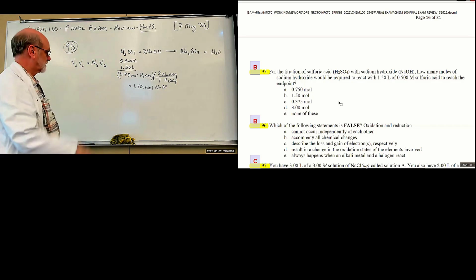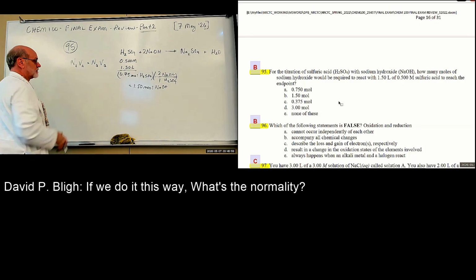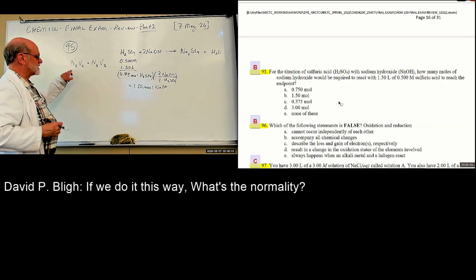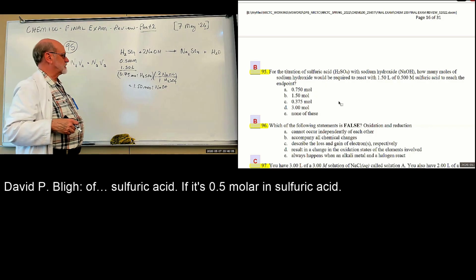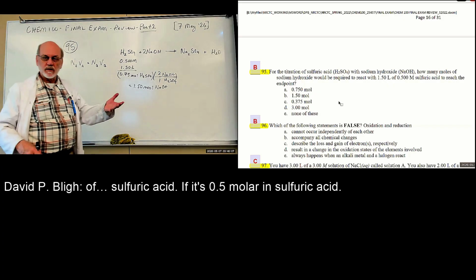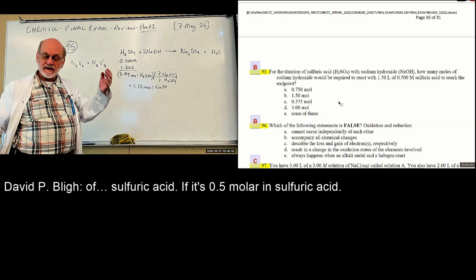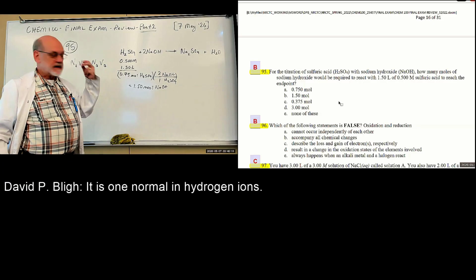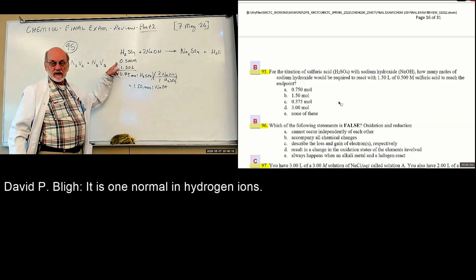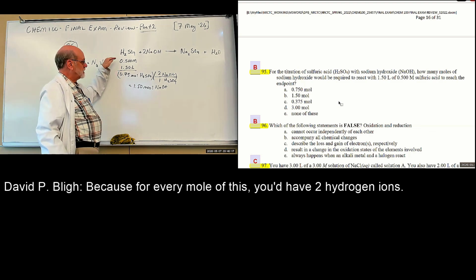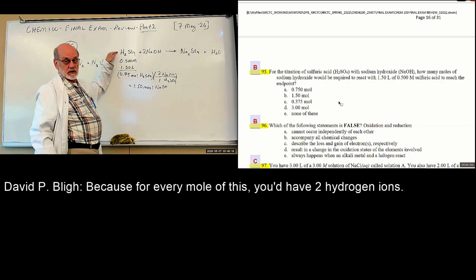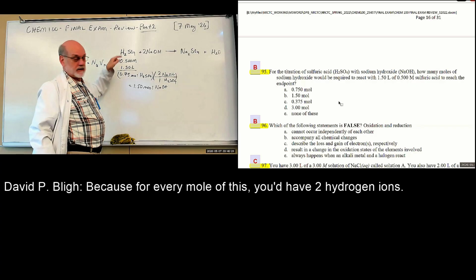Okay, that works. If we do it the other way, what's the normality of sulfuric acid? If it's 0.5 molar in sulfuric acid, it is 1 normal in hydrogen ions, because for every mole of this, you have 2 hydrogen ions.